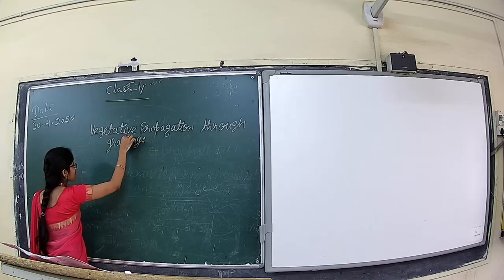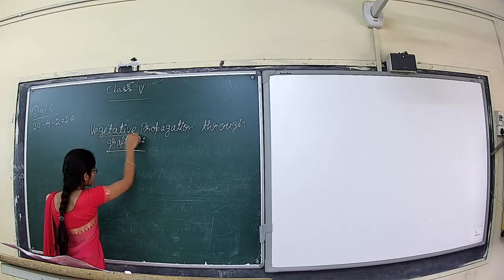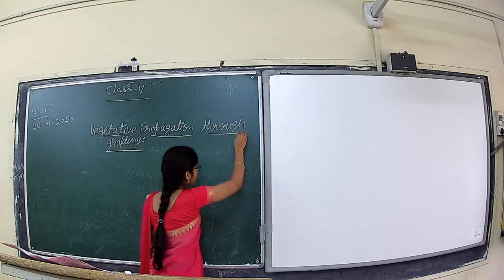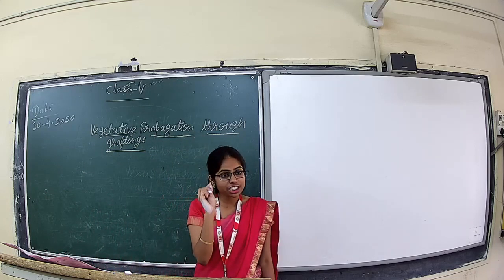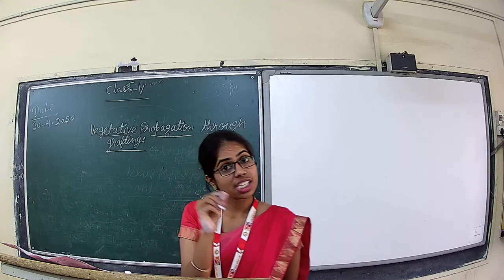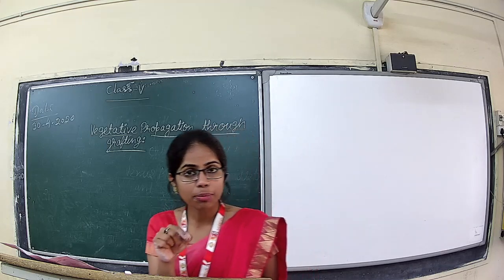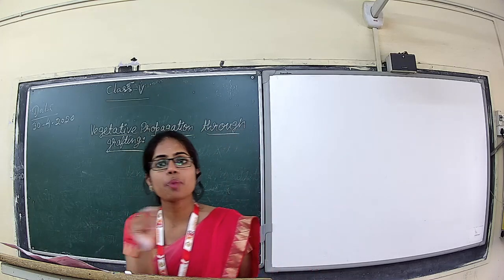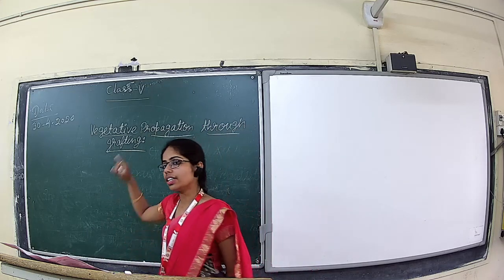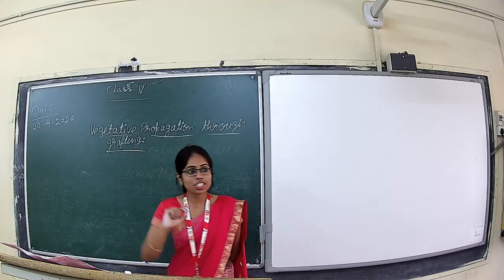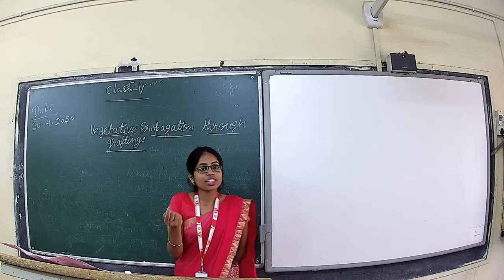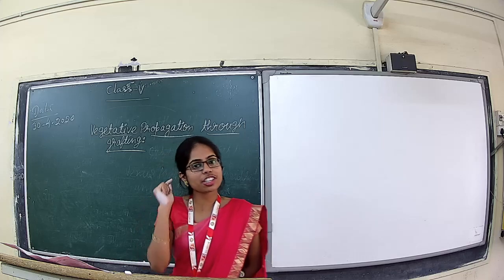Last day we studied this term. Vegetative propagation means whenever reproduction occurs with the help of the vegetative parts of plants, it is called vegetative propagation, or we can call it by another name, vegetative reproduction.